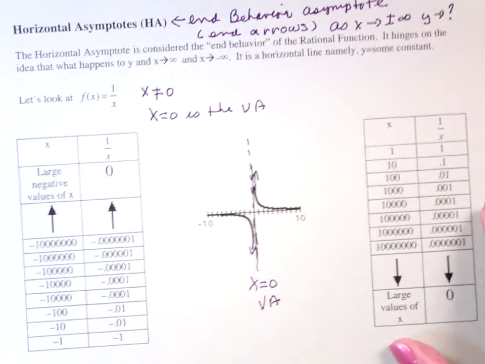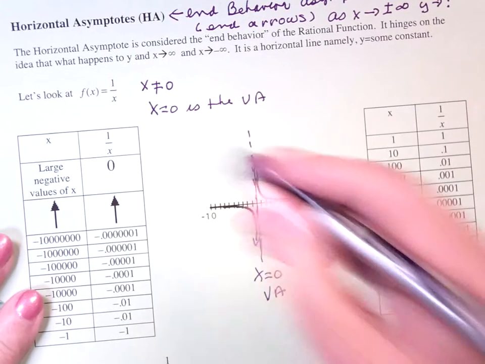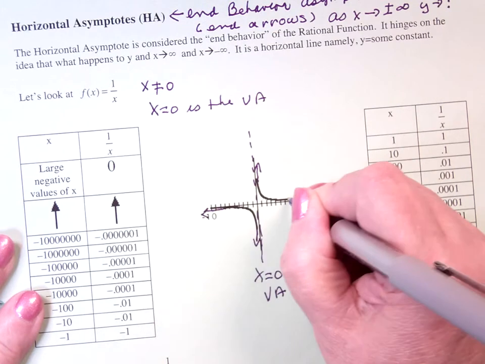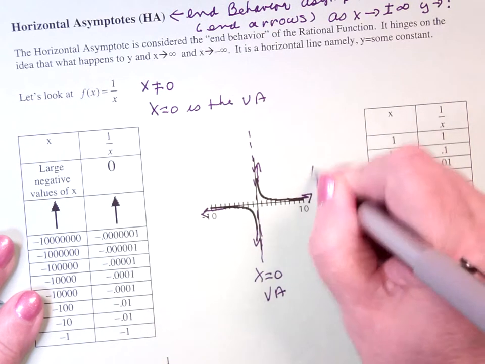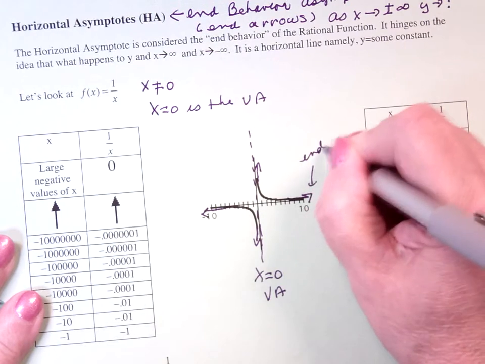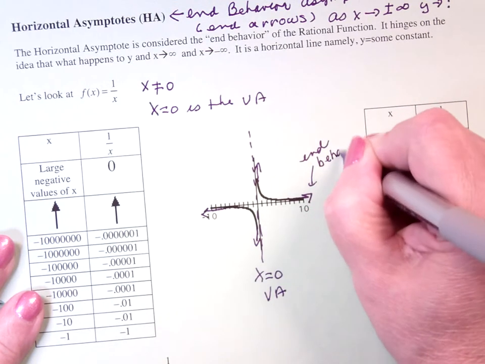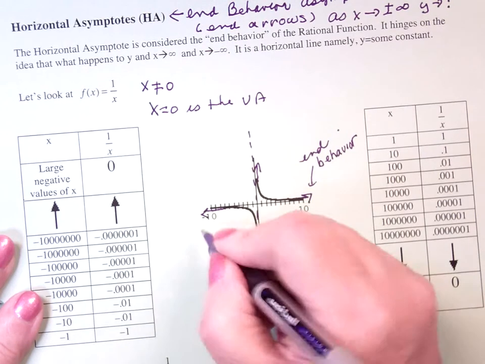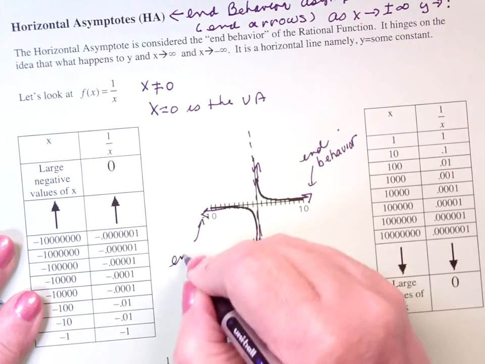But that's not what this is about. What this is about is this guy right here. This is end behavior. The arrows.